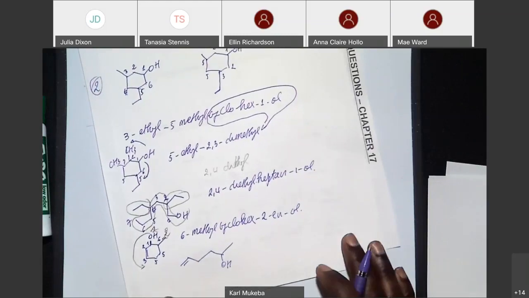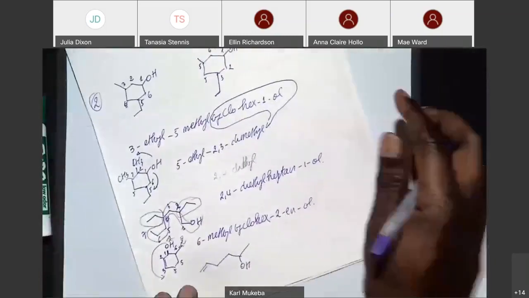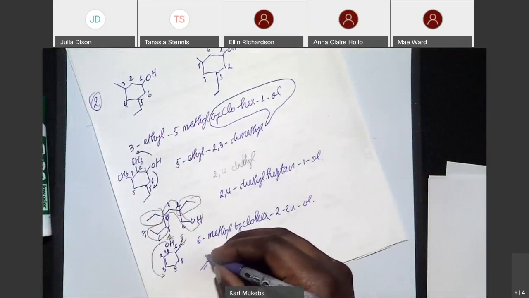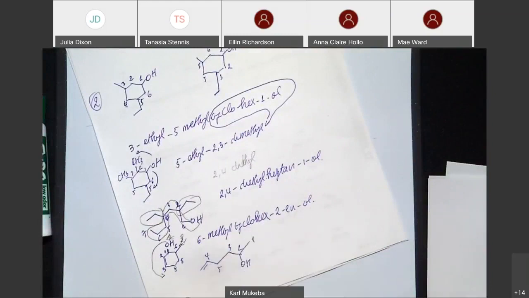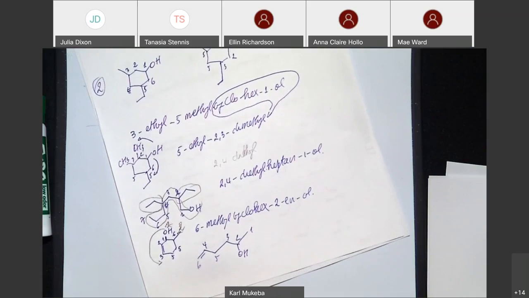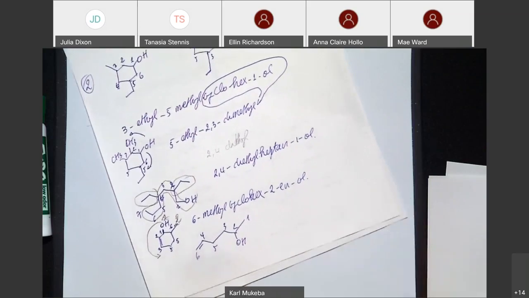So how do we name the compound? We start by numbering: 1, 2, 3, 4, 5. Okay, how do we name the compound?